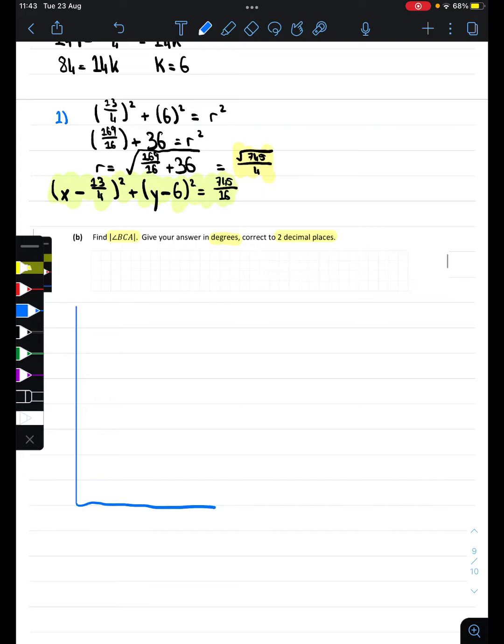So we know that the point A is on the origin, and B, so this is A, B is about 6.5, 0, so it's on the x-axis, and C is the point 10, 7, so maybe something like here.